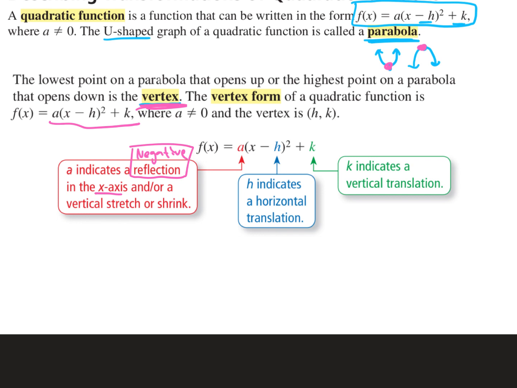If a is a number greater than 1, then we have a vertical stretch.